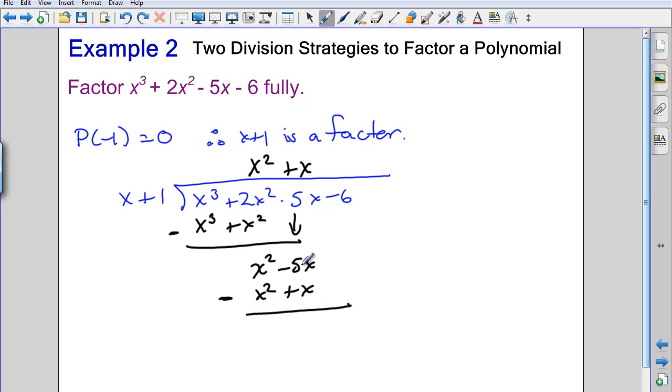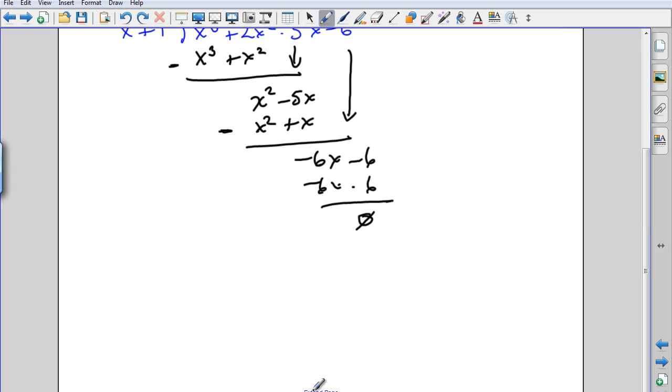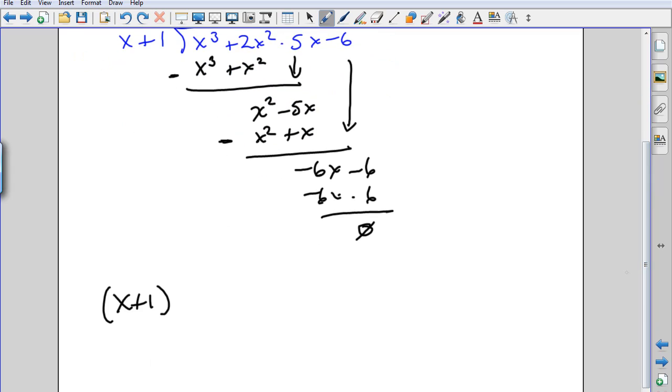Once again, subtracting negative 5 minus a positive is negative 6x. We bring down our final number, and we see in fact that the remainder is 0, which we knew all along. This in turn allows us to write our factors out. Don't forget the divisor, x plus 1, and the newfound quotient, x squared plus x minus 6.